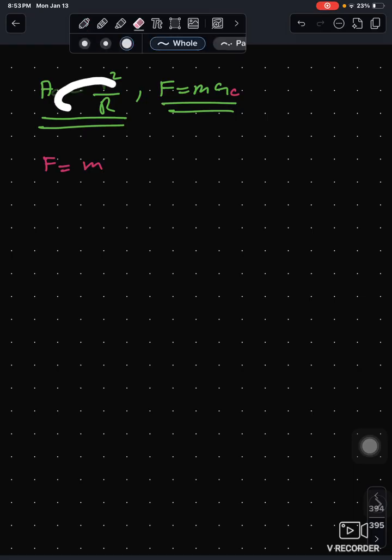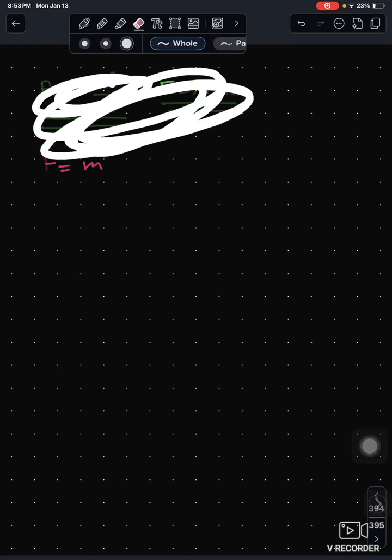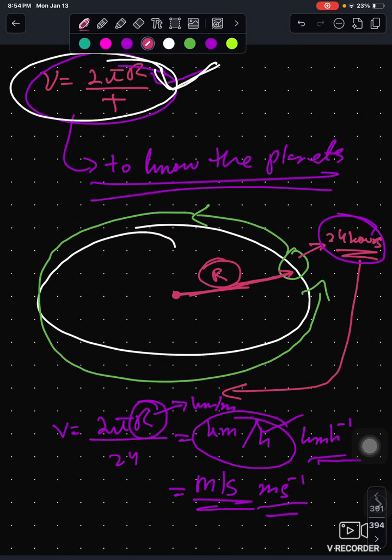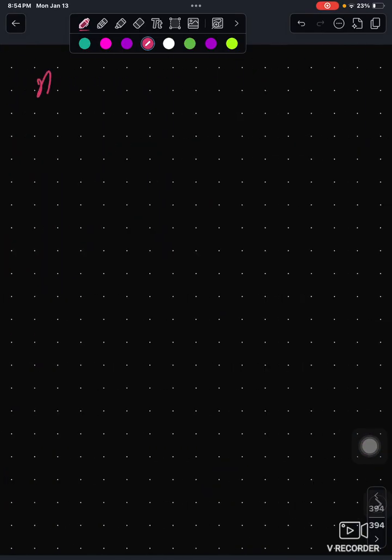One more thing, when we wrote this equation, did you notice something? ac equals v square over r, and v equals 2 pi r over T. This v and this v are common.